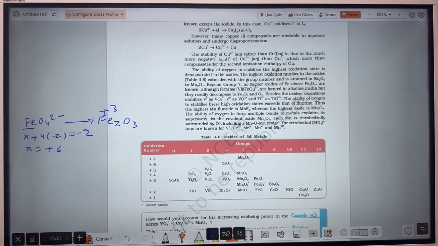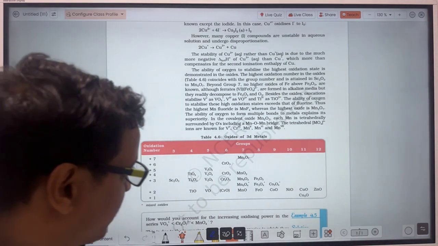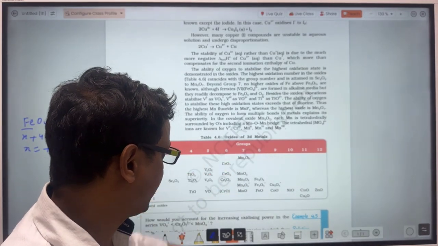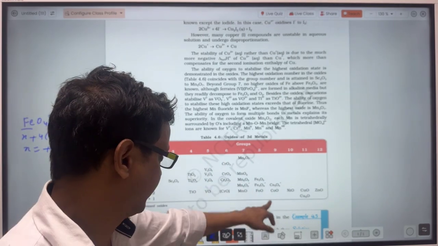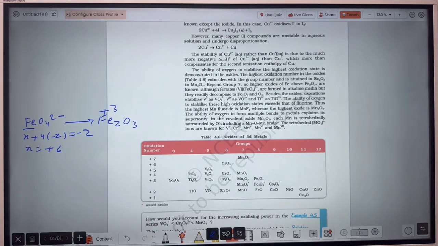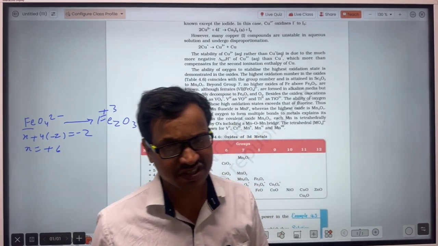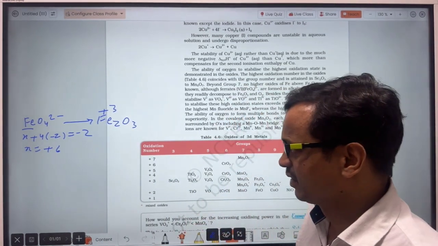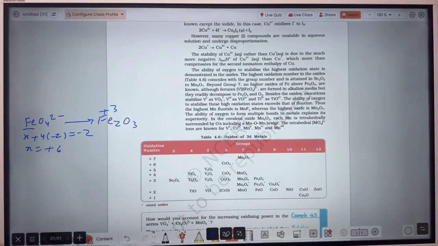Iron usually doesn't show an oxidation number greater than +3. So in any case when iron forms a compound in which it exhibits +6, it will immediately get reduced to Fe2O3. Okay, so keep this reaction in your mind.